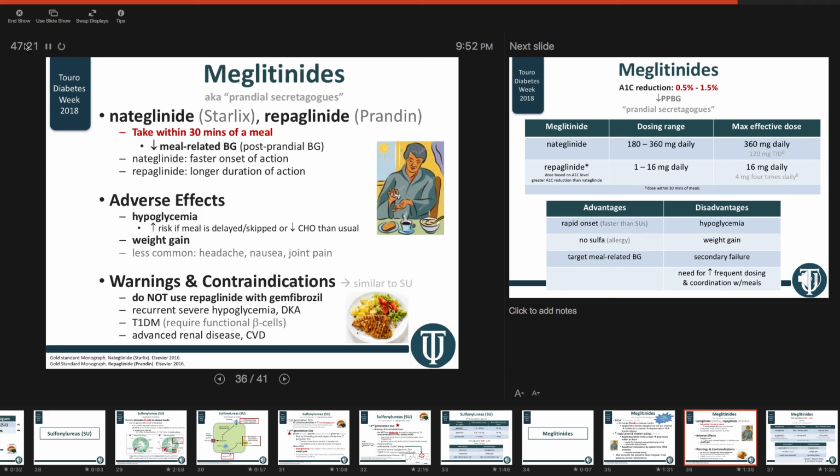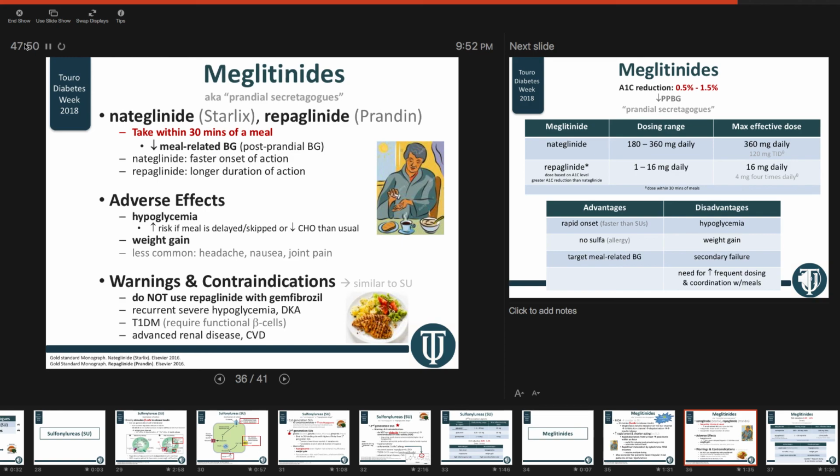Similar to sulfonylurea, they do induce hypoglycemia and also weight gain. For warnings and contraindications, do not use repaglinide with gemfibrozil because they have a drug-drug interaction.